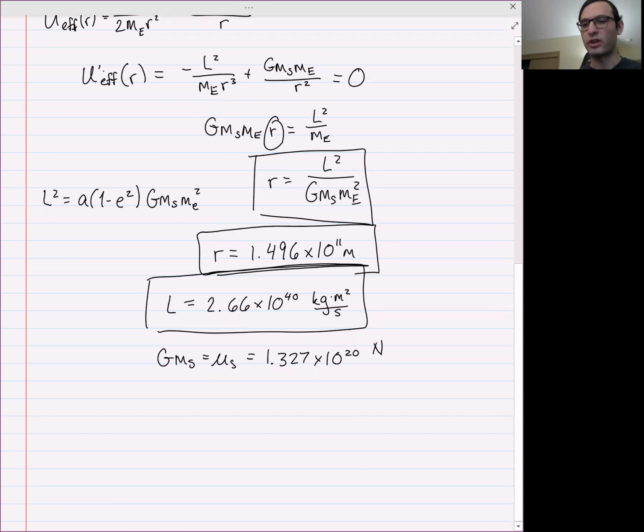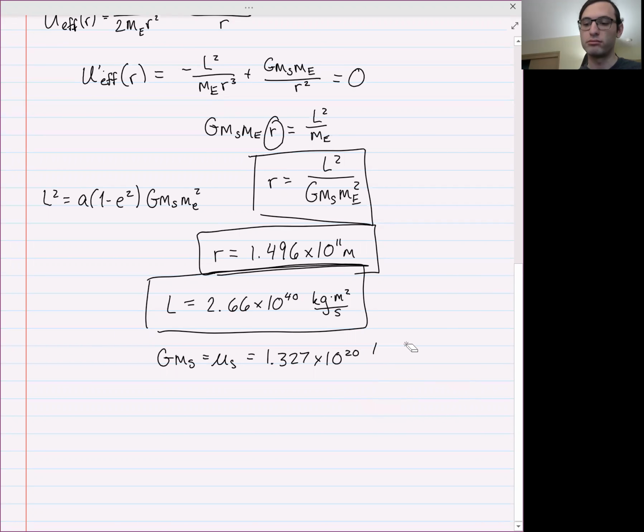So it should be newtons times meters squared divided by kilograms. And so kilogram meters per second squared would be, oh, it is just meters cubed per second squared.